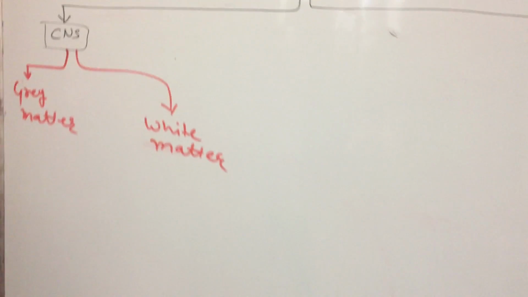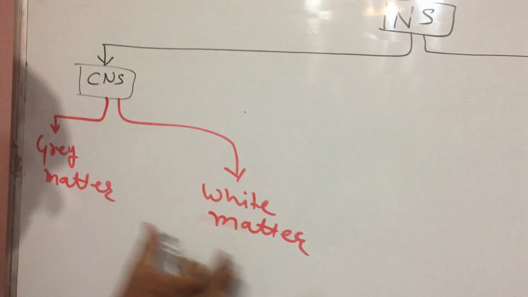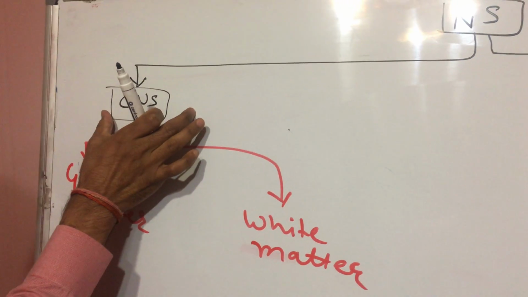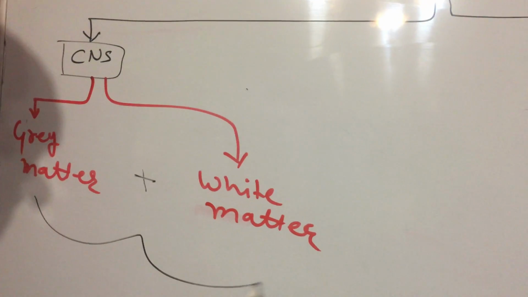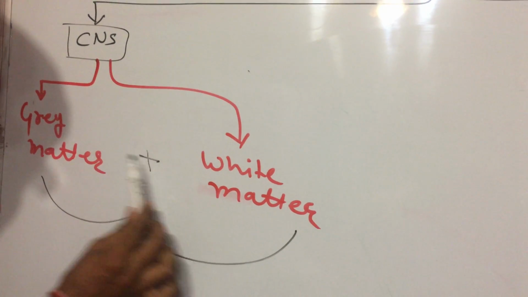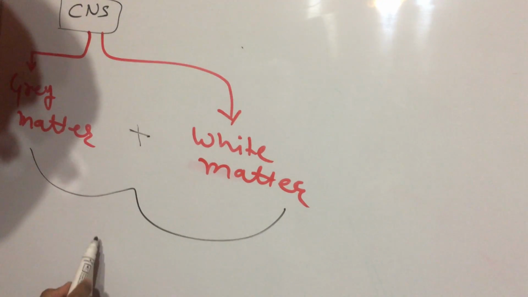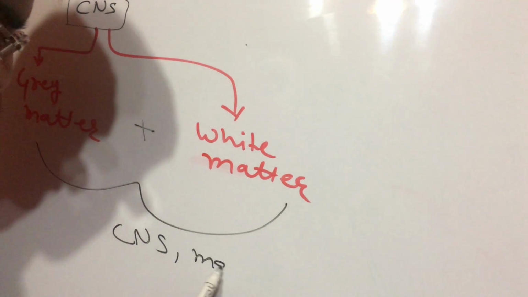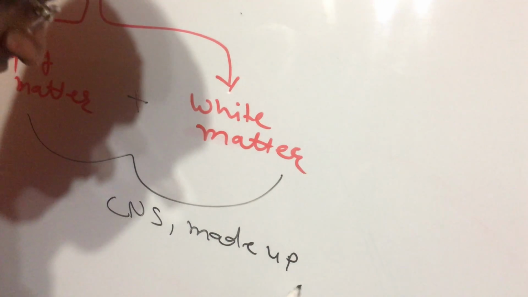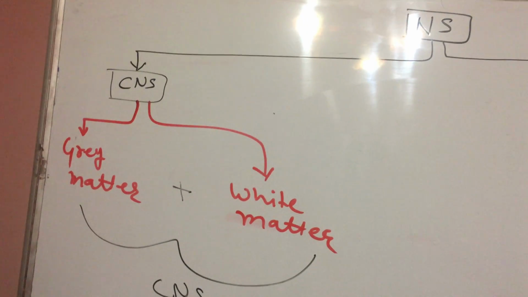Gray matter plus white matter together make the CNS.